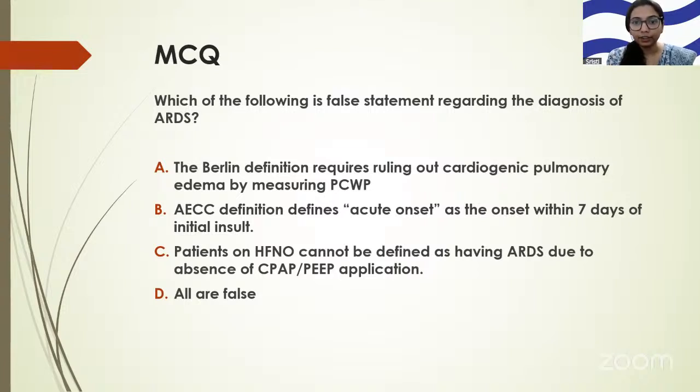Option A: The Berlin definition requires ruling out cardiogenic pulmonary edema by measuring pulmonary capillary wedge pressure. Option B: AECC definition defines acute onset as the onset within 7 days of initial insult. Option C: Patients on HFNO cannot be defined as having ARDS due to absence of CPAP or PEEP application. Option D: All are false.